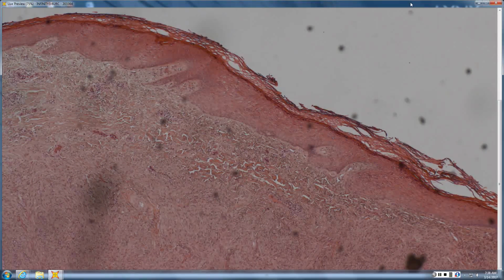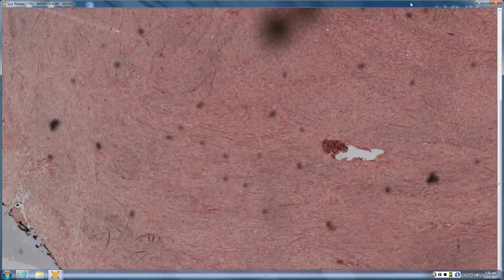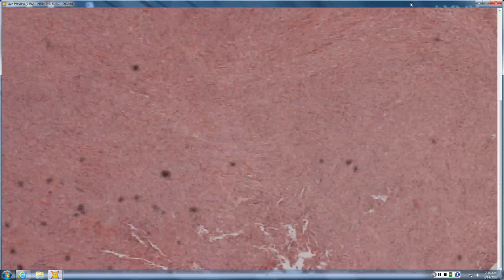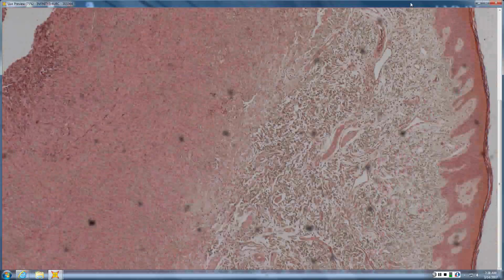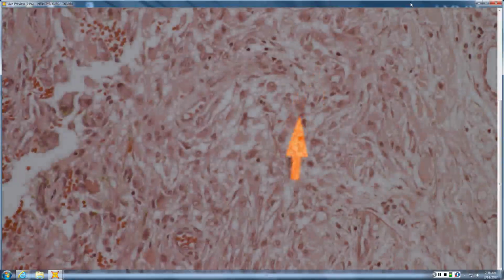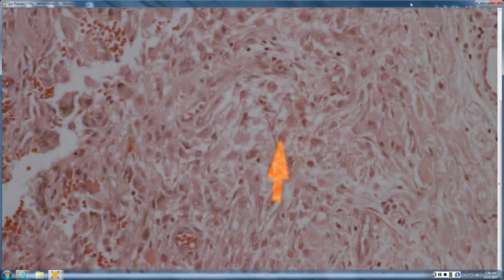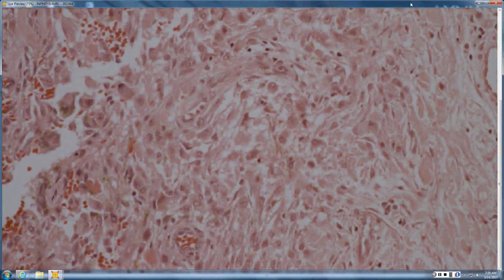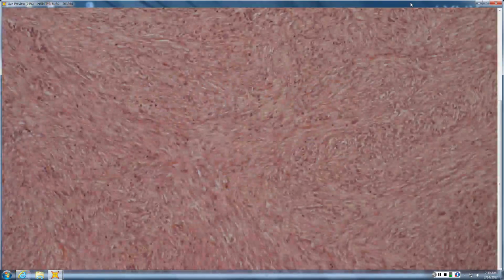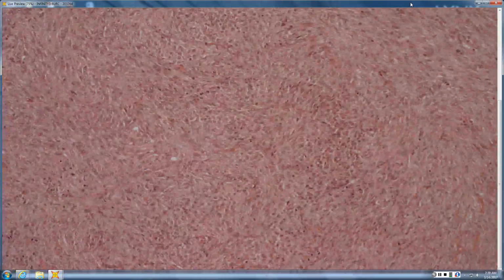So you start looking at it, and over at this side you have pyramid-shaped epithelioid cells, so it's kind of an epithelioid histiocytoma over there, and other areas it is a big nondescript fibrous tumor.